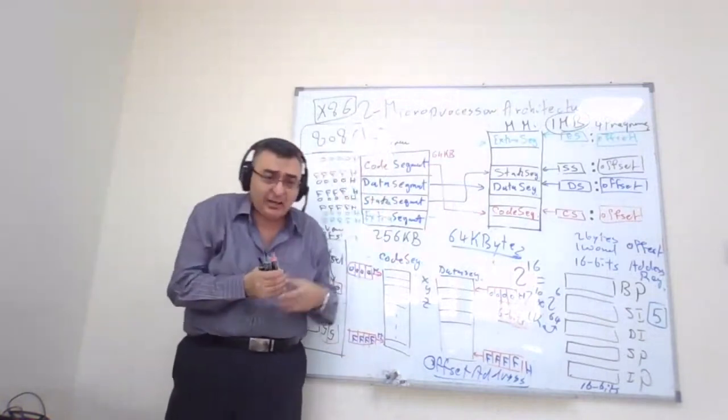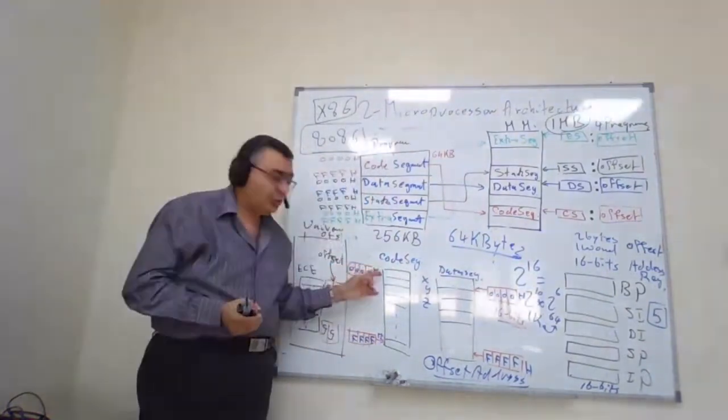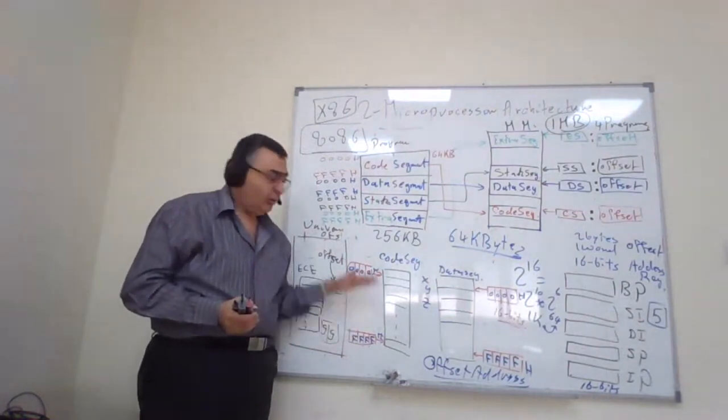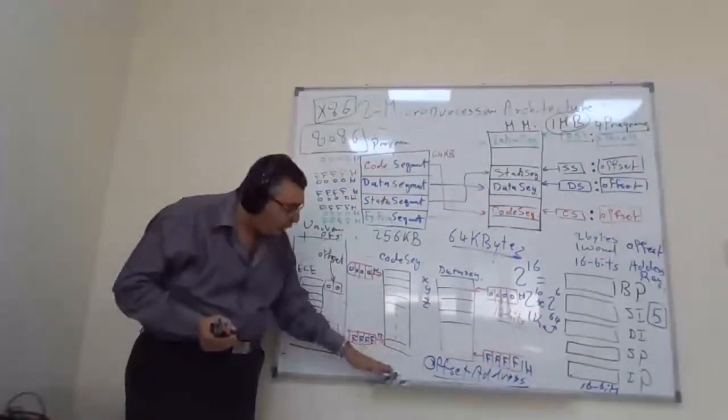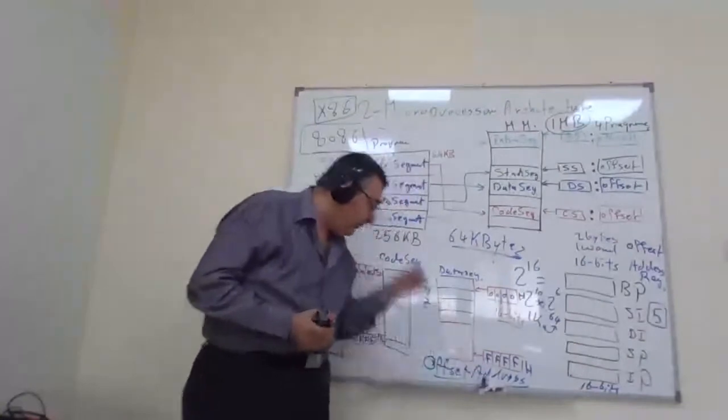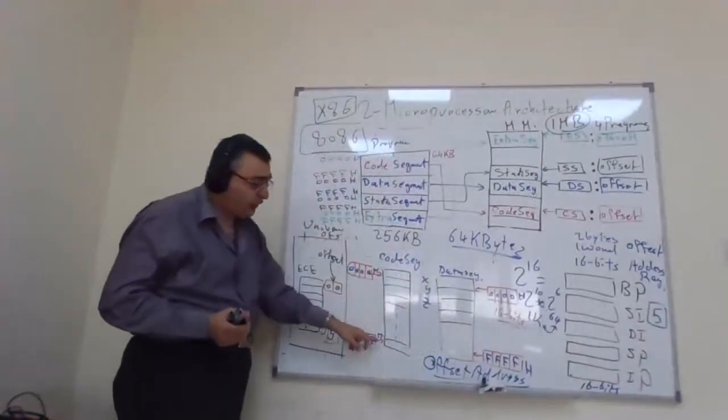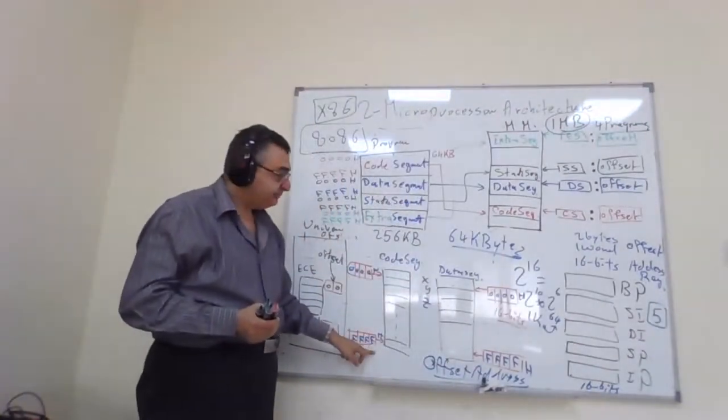Those instructions are taking bytes from the code segment, one by one, until you can fill up the whole 64 kilobytes of the code segment.